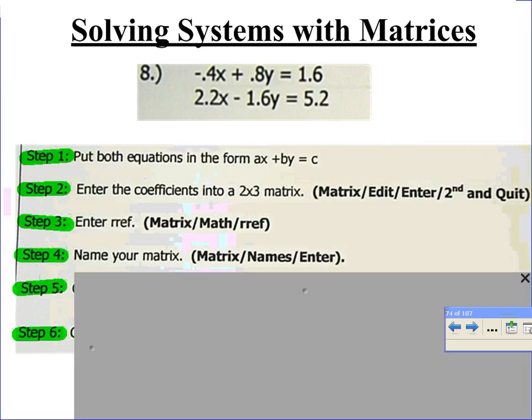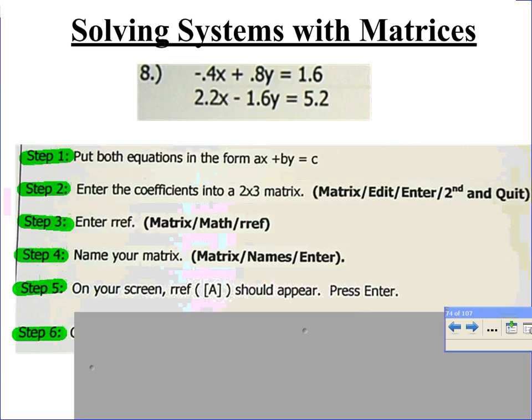Okay, step 5. On your screen, RREF, and then in parentheses, A with a bracket around it should appear. Press enter.